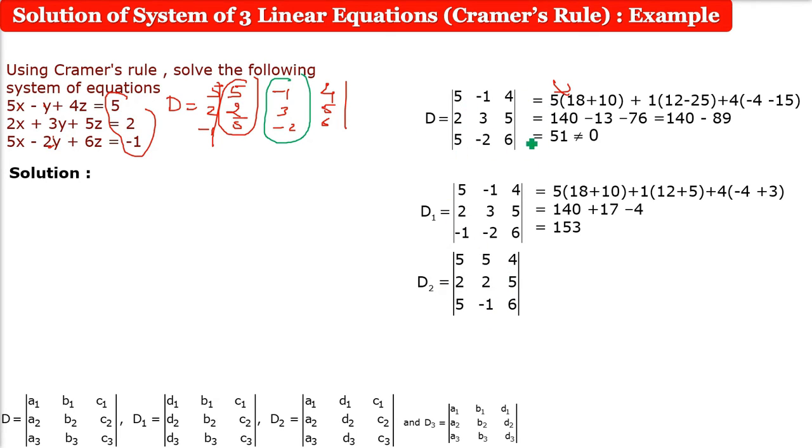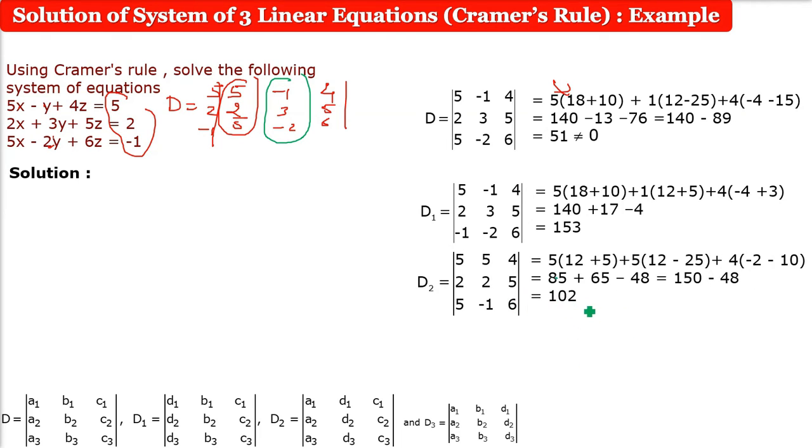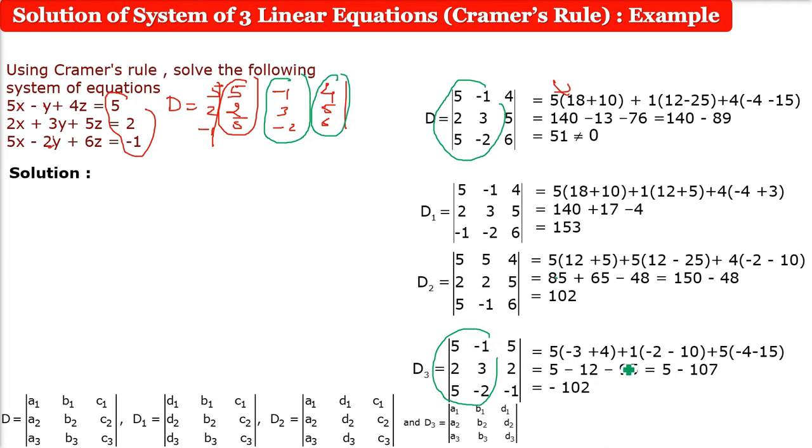So what do you get here? 102, say. Now for D3, the 4, 5, 6 has to be replaced by 5, 2, negative 1. One by one, you replace the first column, second column, and third column, and this is how you get D1, D2, D3. So let us say it comes as minus 102.